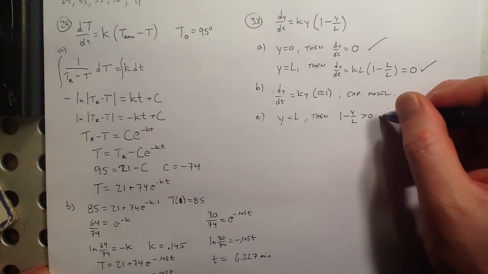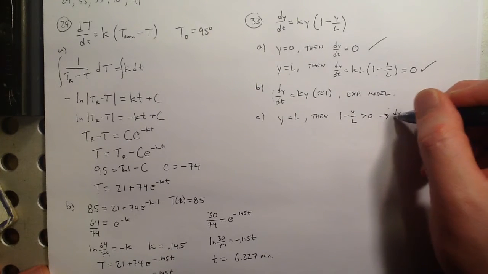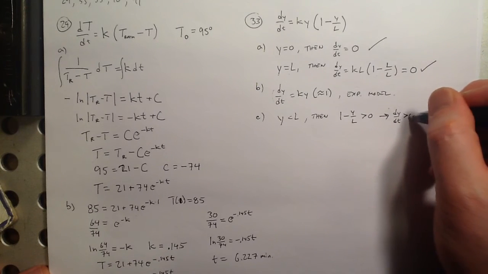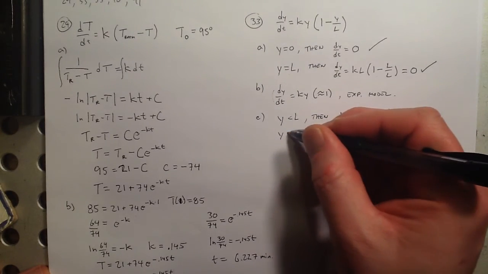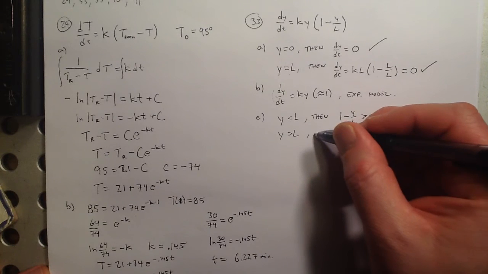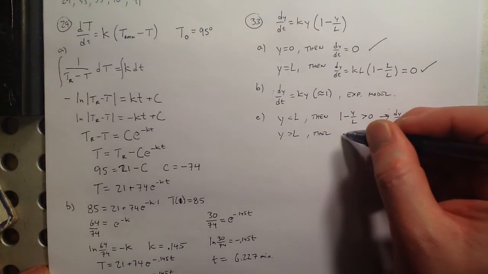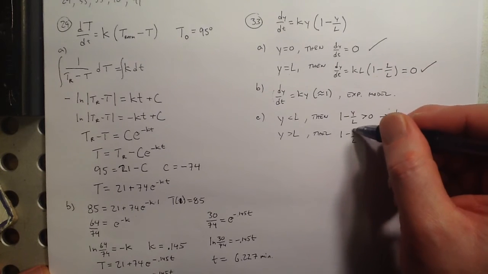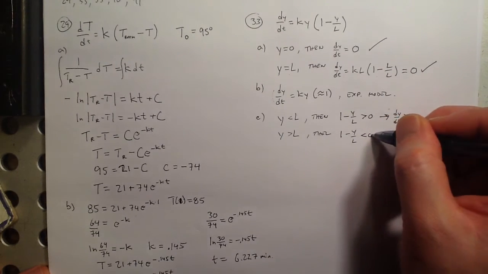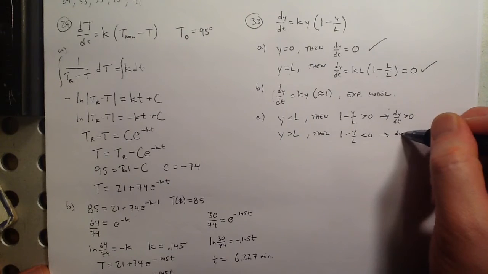And that means dy dt would be positive, because everything else is positive. If y is greater than L, then 1 minus y over L is a fraction that's bigger than 1, so that would be negative, and that would mean the slope would be negative.